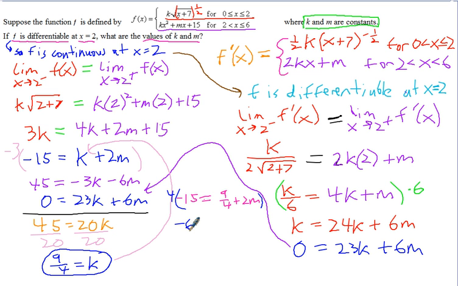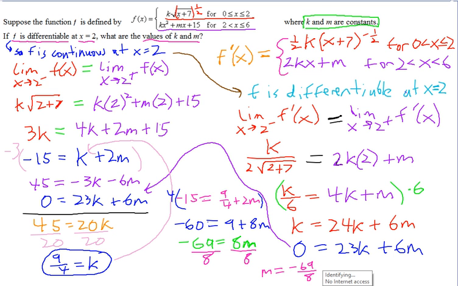That gives you negative 60 equals 4 is eliminated there, 9 plus 8m. Subtract the 9 over, and divide by 8. So now we get m equals negative 69 over 8.